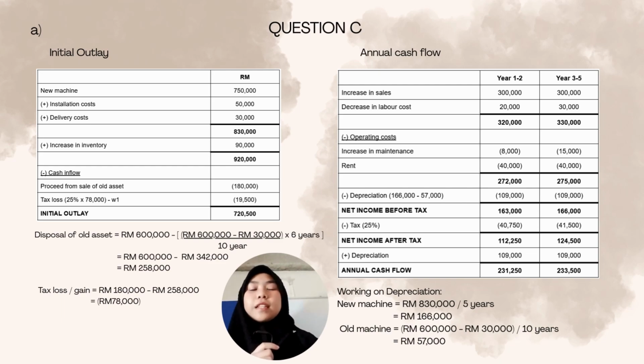After that, we get net income before tax. Then minus tax, which is 25% of the net income before tax, and we get net income after tax. After that, we add back the depreciation, and we get our annual cash flow, which for year 1 until 2 is 231,250. For year 3 to 5 it is 233,500.